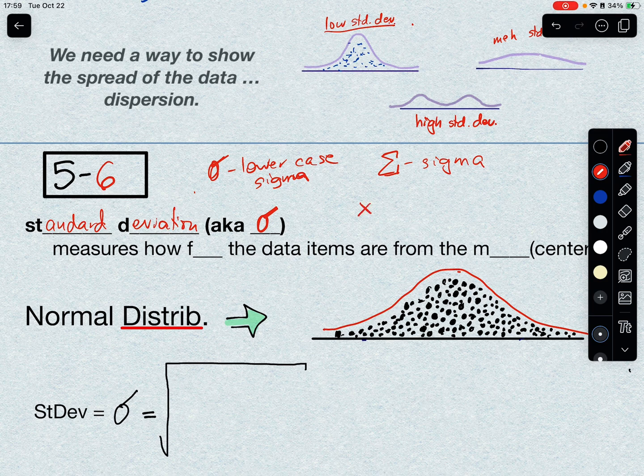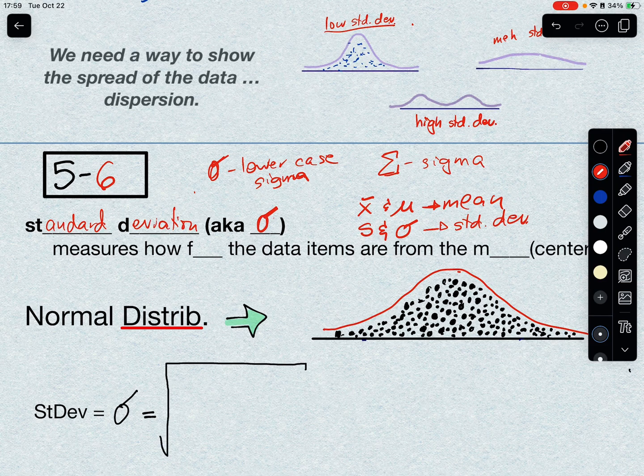Now, just like x bar and mu both refer to the mean, the average, yeah? Sigma is the Greek letter, but sometimes, especially on calculators and software, they'll use the letter S, and this is what refers to the standard deviation.